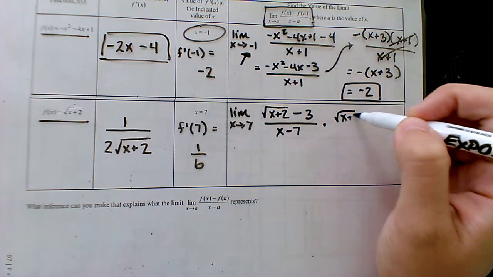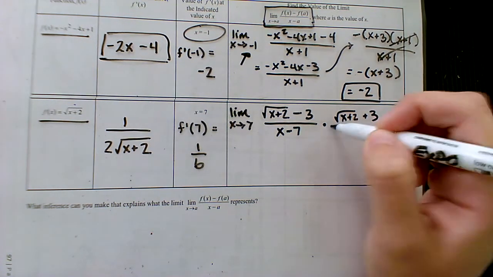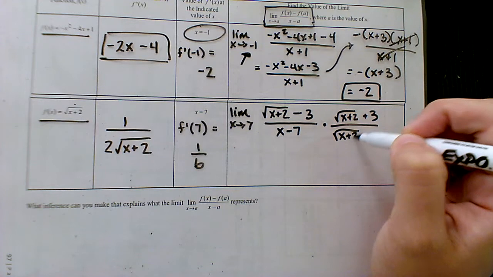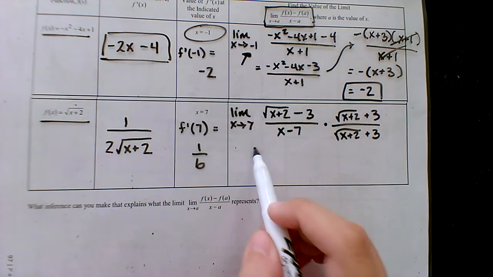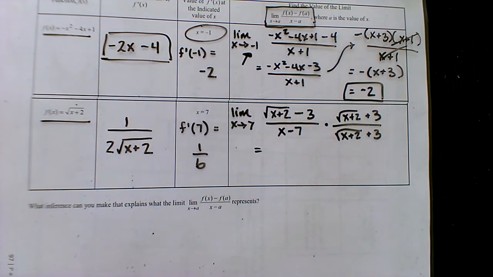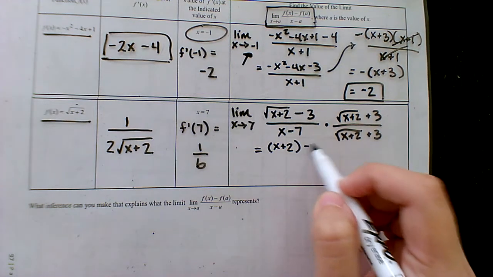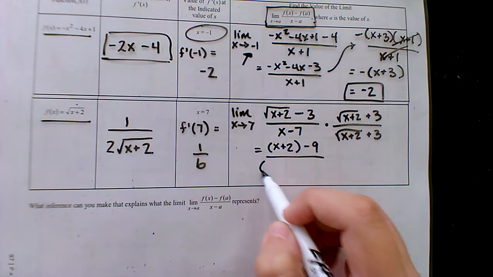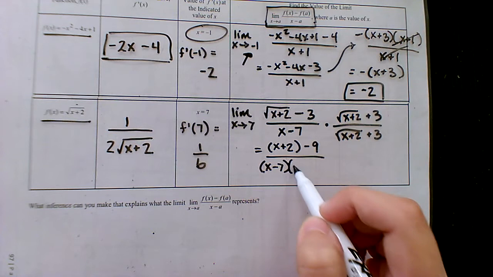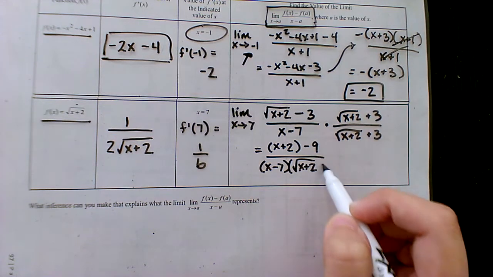So square root of x plus 2. This would change to plus 3. And we'll do that on the bottom as well. All right, so multiplying the tops. Just worry about the firsts and the lasts. Do not multiply the bottoms because it would get crazy.